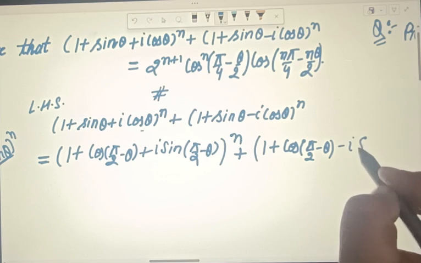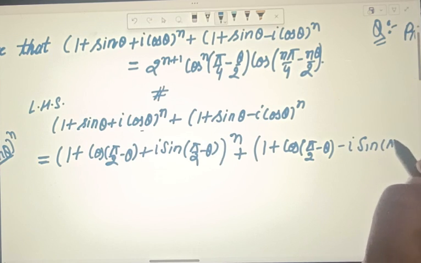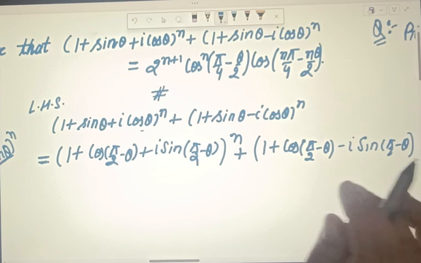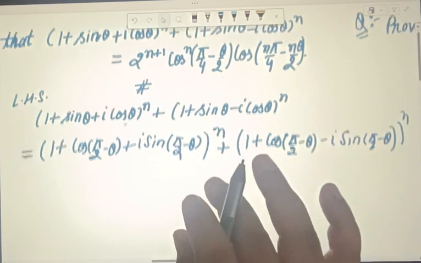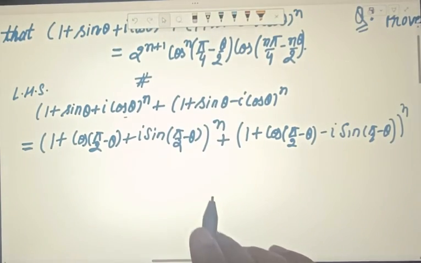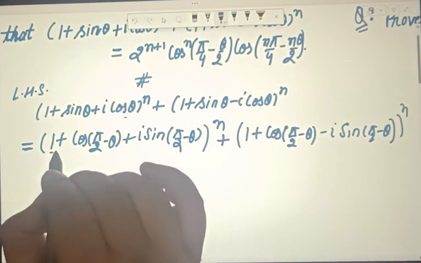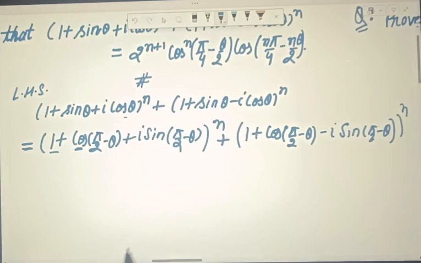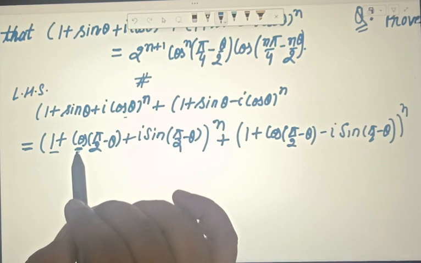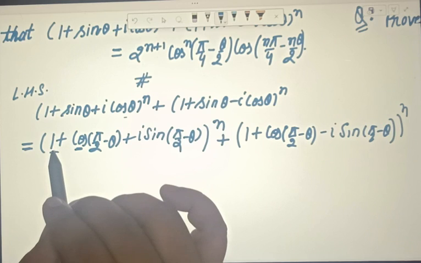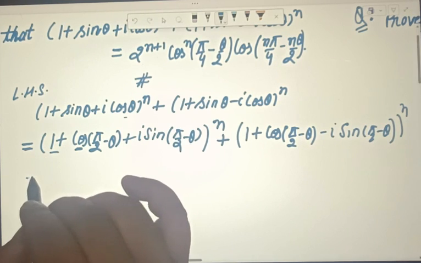Now, just see, you will see 1 and cos. Whenever you see 1 and cos, try to apply the formula of cos θ so that the 1 is cancelled out. Every time you need to do this.